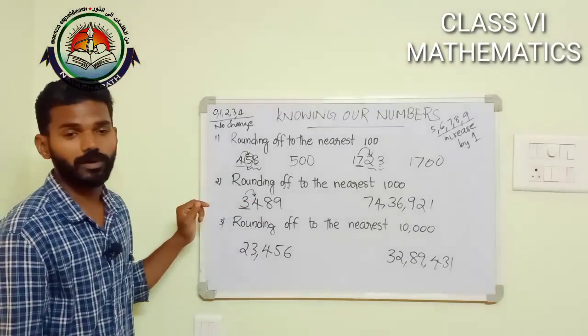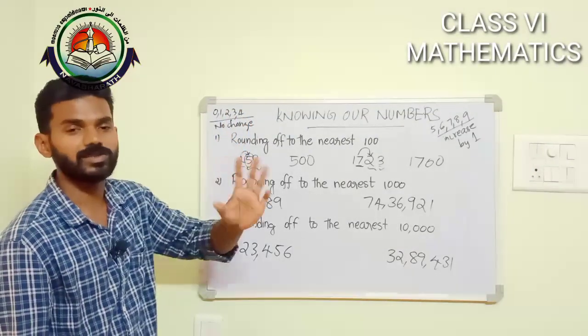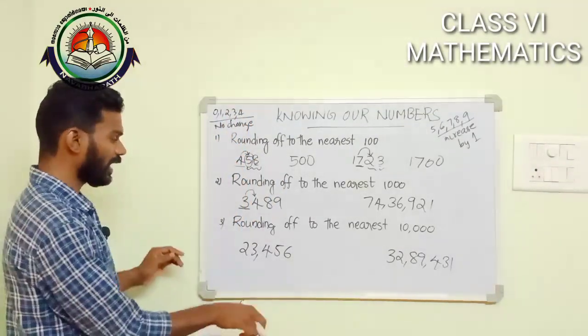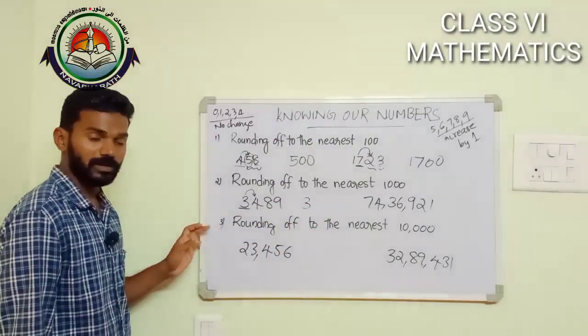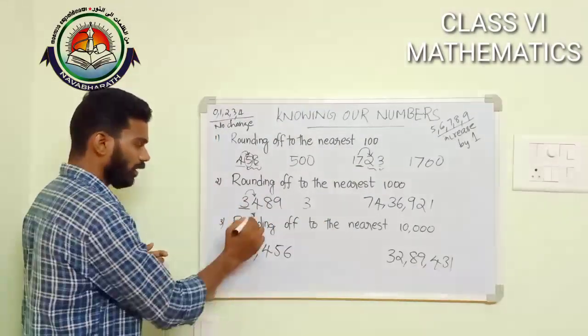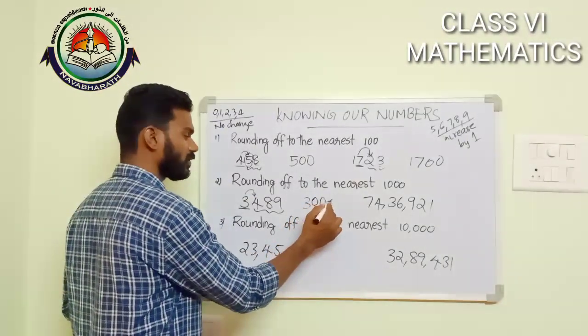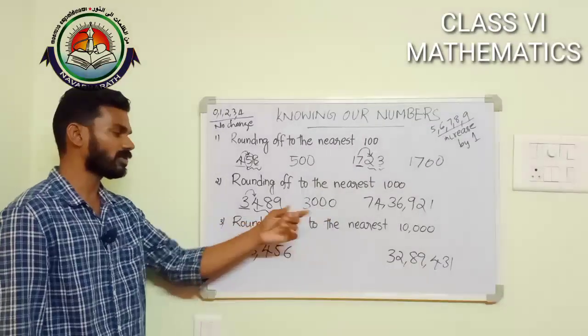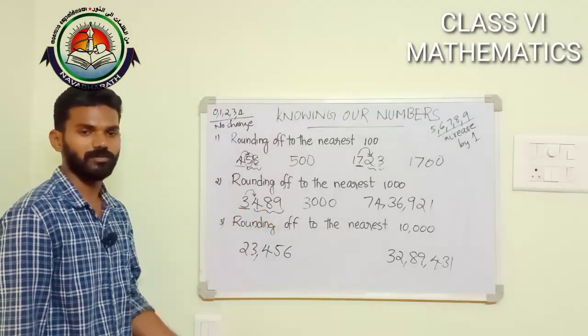Which group does the 4 belong to? This group. What is the specialty? There is no change needed. So this 3 remains 3 itself. And thereafter, all the remaining digits on the right must be replaced with 0. So 3000 would be the rounded value of the given number.